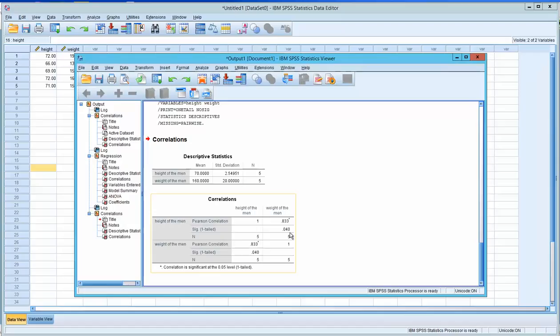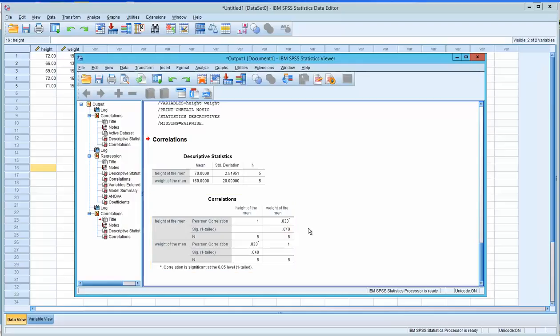Probability that is less than 0.05, that is, 0.05 is good, 0.04 is good, 0.03 is good, 0.02 is good, 0.01 is good. Anything that is 0.05 or less is statistically significant when we are looking at the probability. So when you see any analysis at all, the first thing that you must look at is not the actual analysis of this 0.833, but you should look at the probability first.